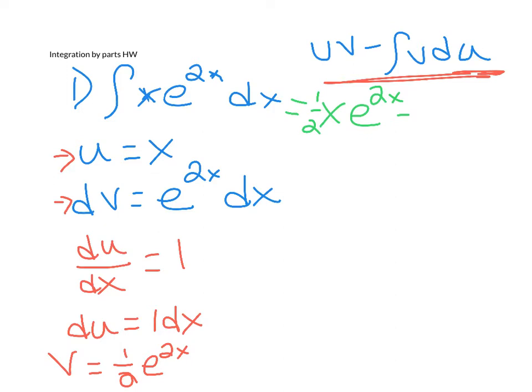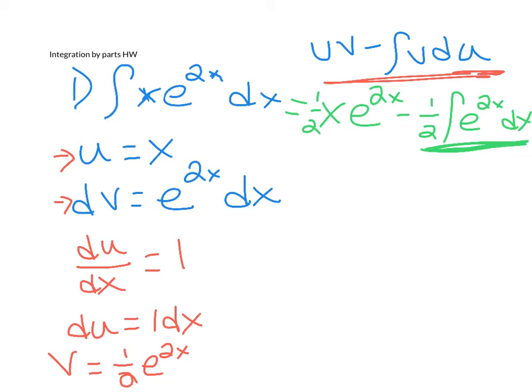Notice that my v has that 1/2, so I'm going to pull that 1/2 in front of the integral. So minus the integration of v, which is e to the 2x, and du is, lucky for me, just a dx. The whole point was that now I can rewrite it, and this part over here is something I know how to integrate.